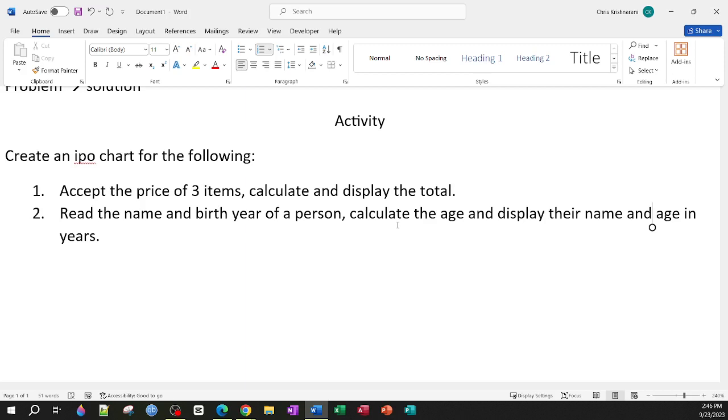But remember, just like the price, it's not a specific price. So similarly, the name is a general name.